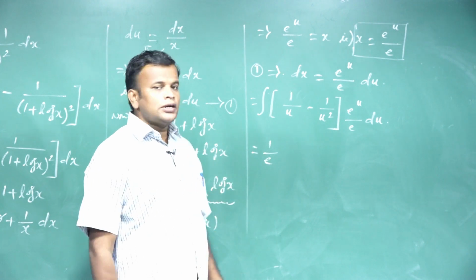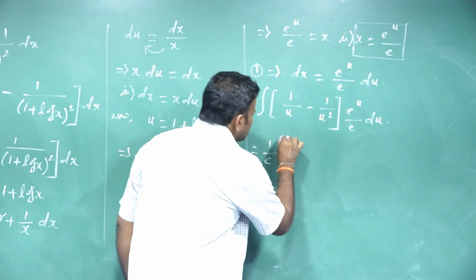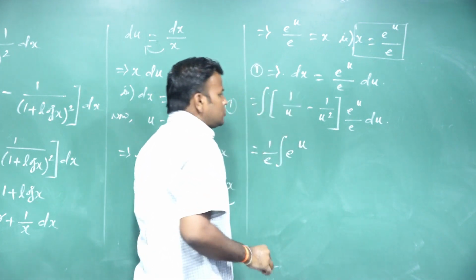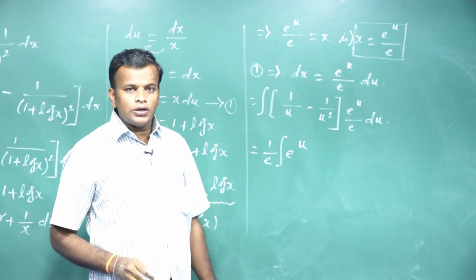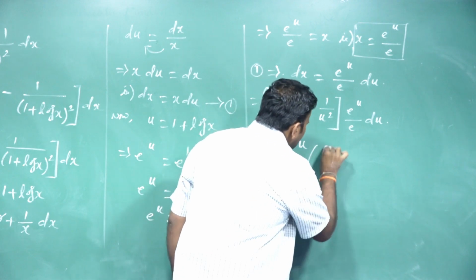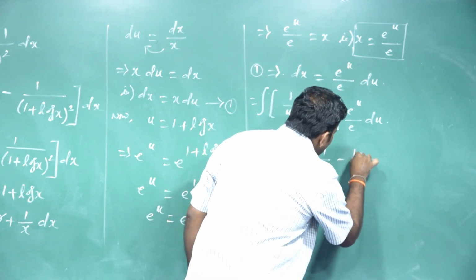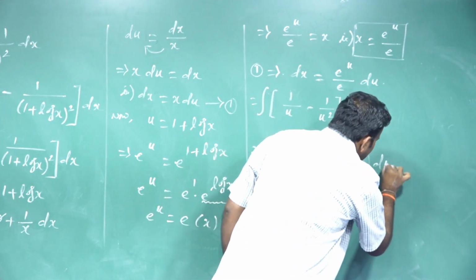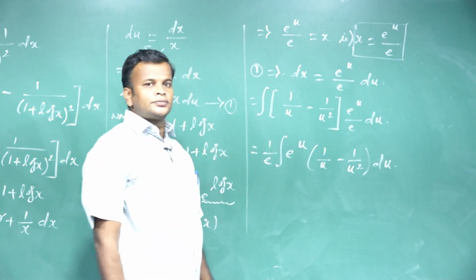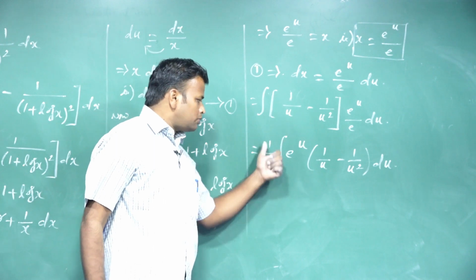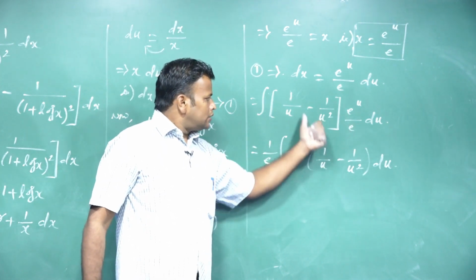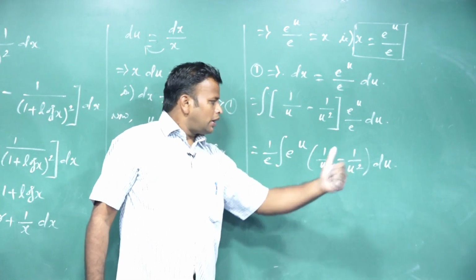So we take it outside: 1 by e. First I write e power u, and the remaining terms are 1 by u minus 1 by u square into du.